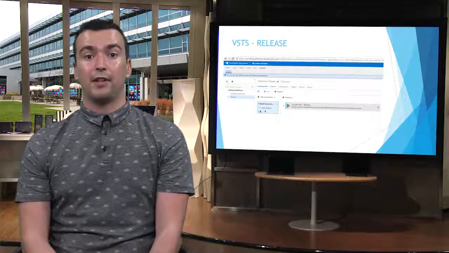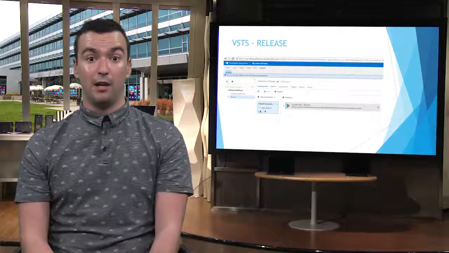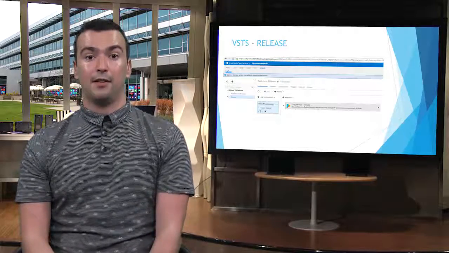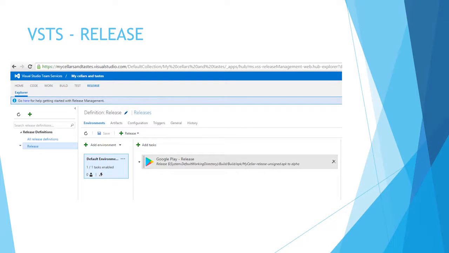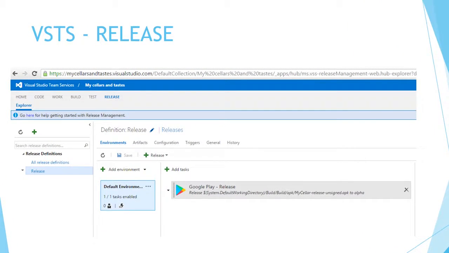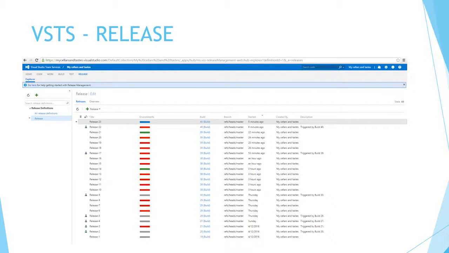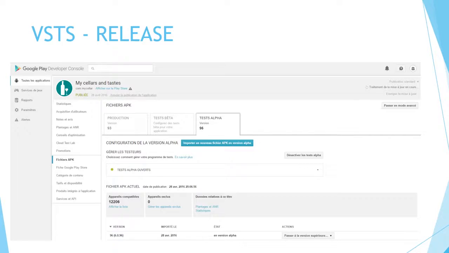The other feature that I use is the release one, and with that, I also set up continuous deployment. After the previous explanation with the build, if a build is a success, we can also trigger a continuous deployment into the Google Play console provided by Google.